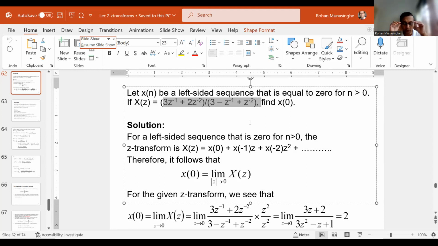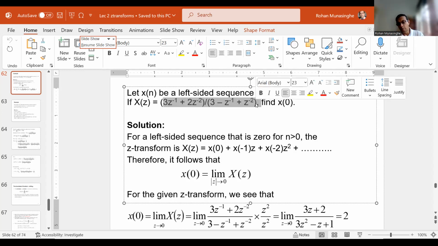Okay, so now the problem here is that you want to send z to 0. However, the example has given the rational polynomial with z to the minus powers. So that is the problem. If you just use the example as it is, then you can't solve this, because when you send z to the 0, the negative powers are not defined.